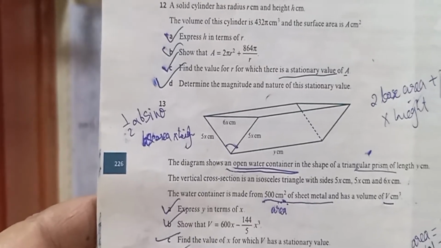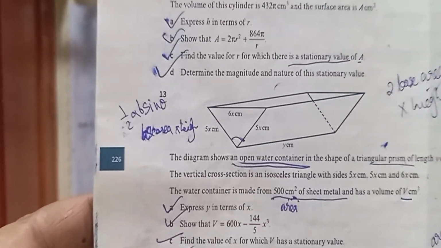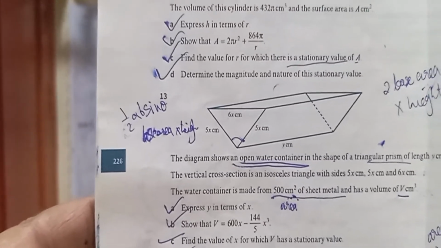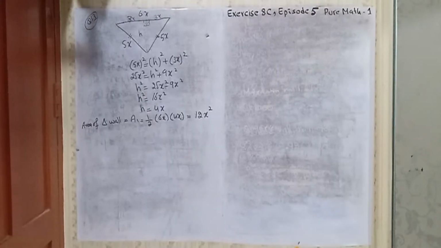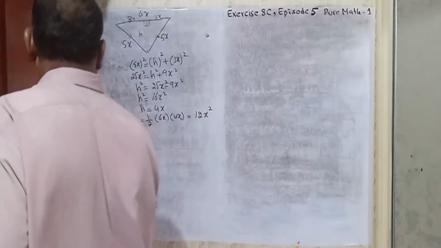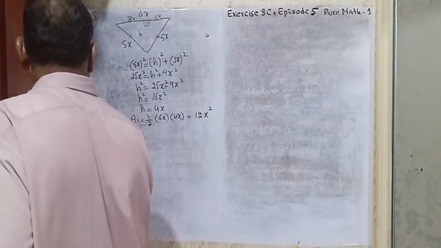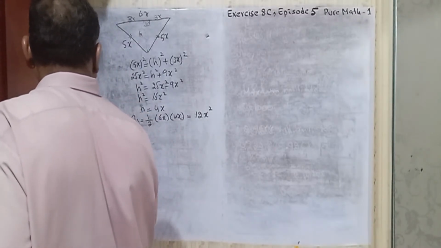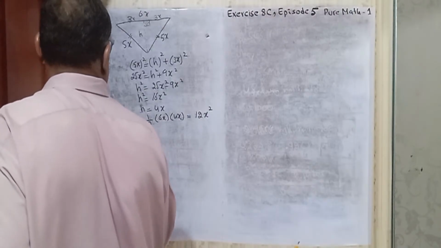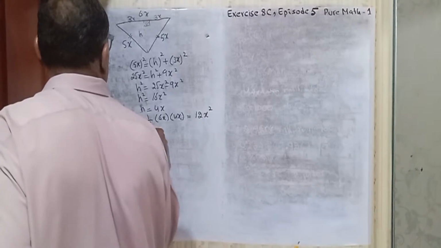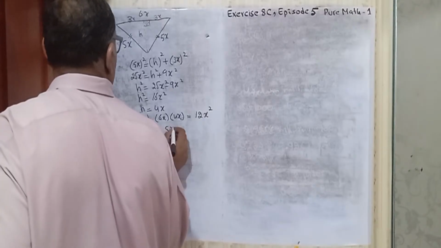The area of the rectangular wall will be length into width, that is 5x into y, so 5xy.